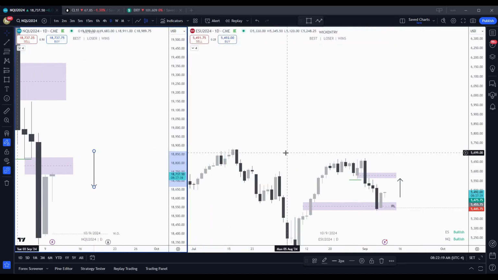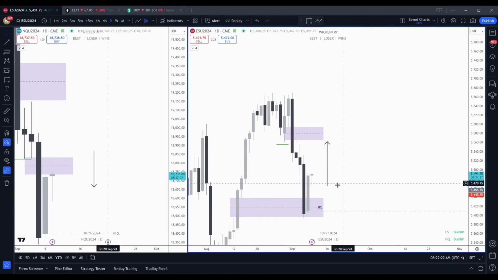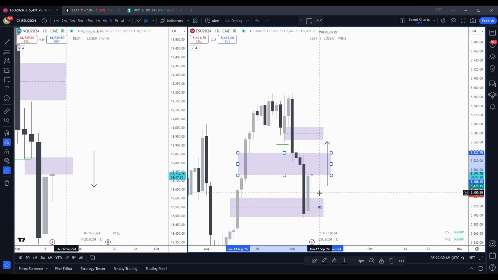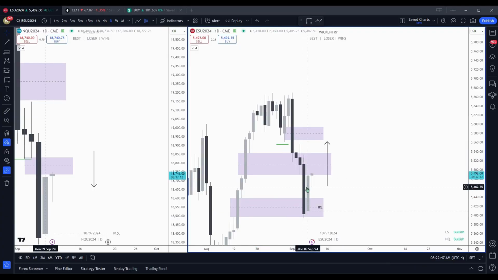Let me just double check ES really quick. Yeah, there was no gap formed. Most recent swing would be up here. I mean, you could technically say that this here would be an inversion, because we did get a strong close below that. There'd be a strong close below this inversion fair value gap, and we'd be reaching back up into it right now.